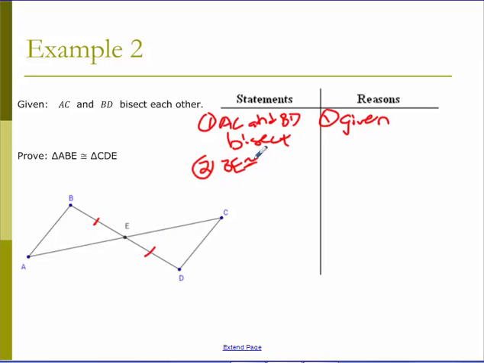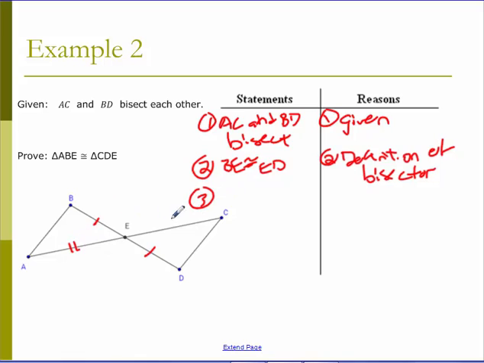So BE is congruent to ED, and that's because of definition of bisector. Now, I also know, since AC is bisected, I know that AE is congruent to EC. And that's because of the same reason here.